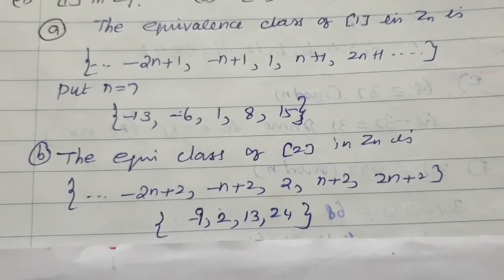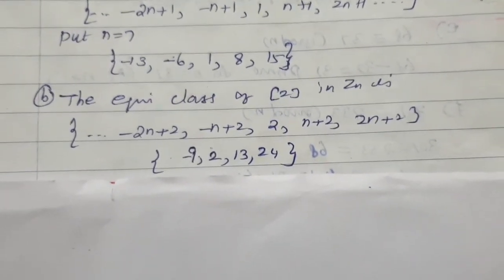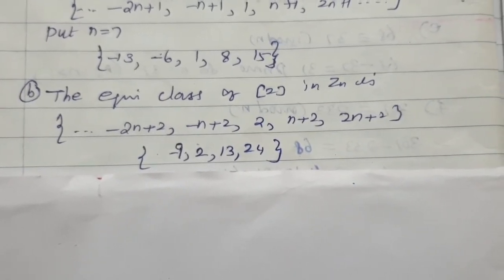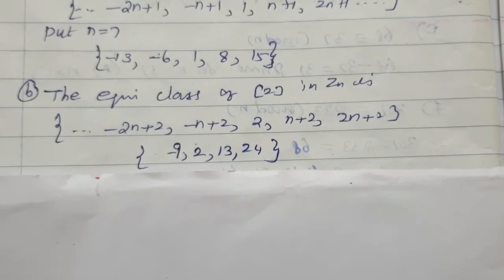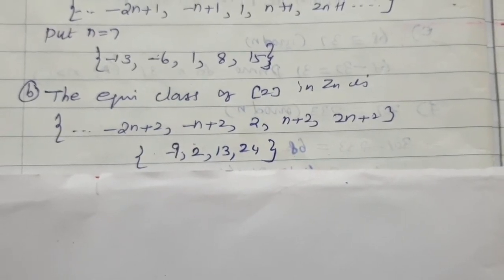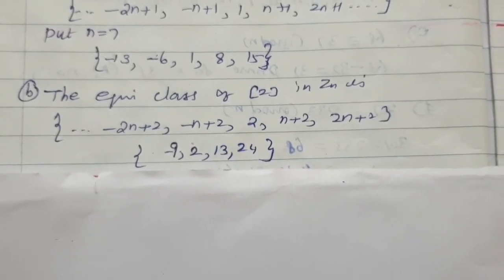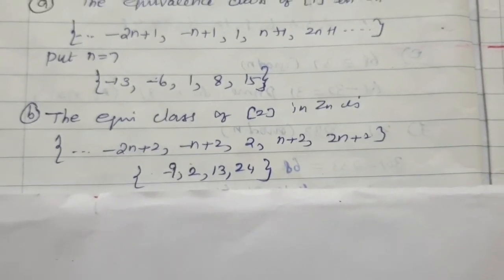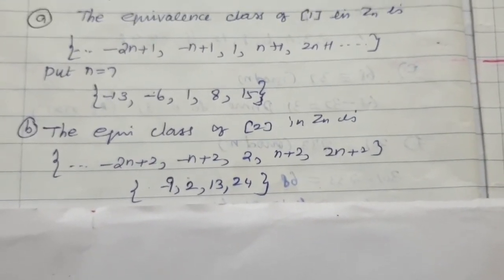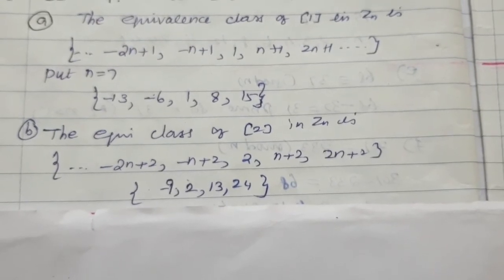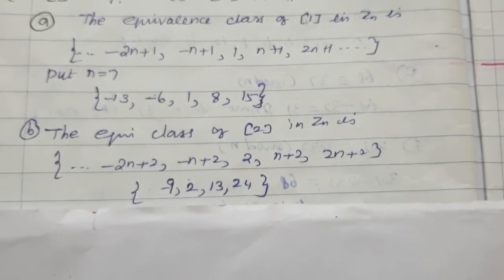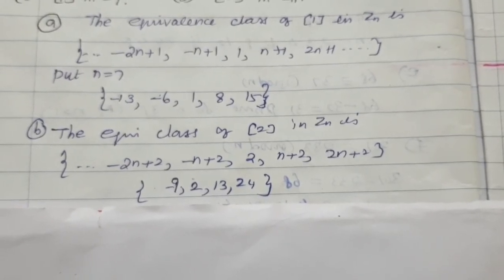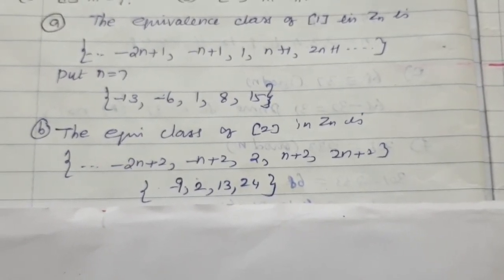Next, the equivalence class of 2 in Zn. We know the formula, that is the set of all minus 2n plus 2, minus n plus 2, 2, n plus 2, 2n plus 2. In the last formula, since they asked for the equivalence class of 1, we started with minus 2n plus 1, minus n plus 1. Here, since it is the equivalence class of 2, we start with minus 2n plus 2, minus n plus 2.